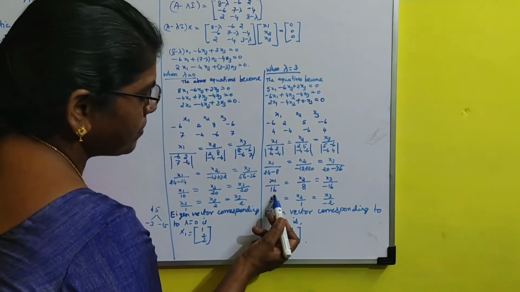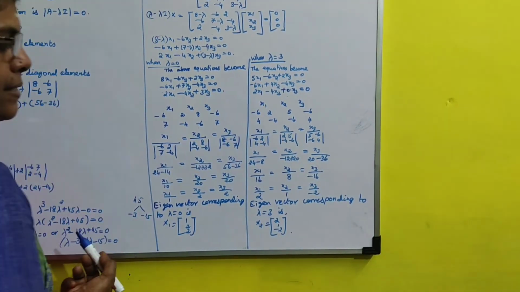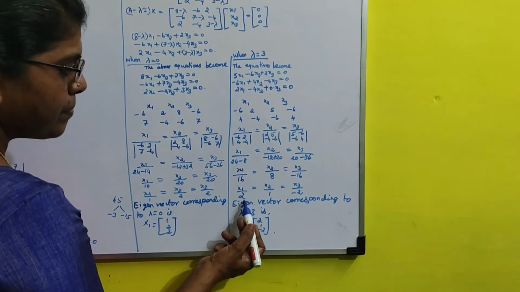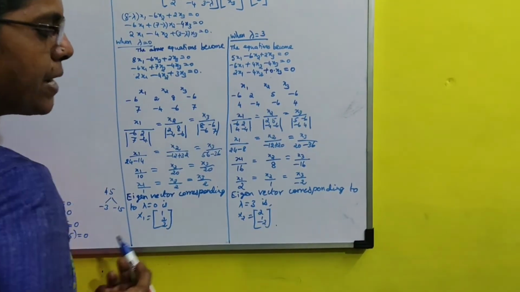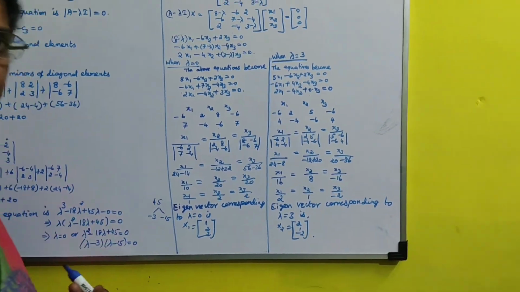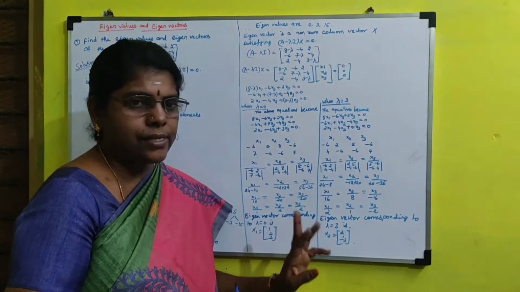So x1 divided by 16, x2 divided by 8 and x3 divided by minus 16. By cancelling by 8, we have x1 by 2, x2 by 1, x3 by minus 2. Now the eigenvector corresponding to lambda equal to 3 is X2 equal to (2, 1, minus 2).